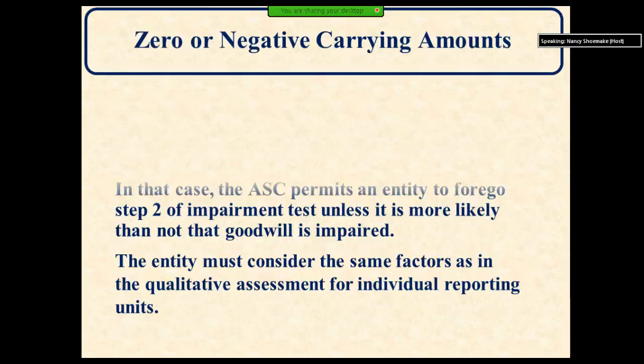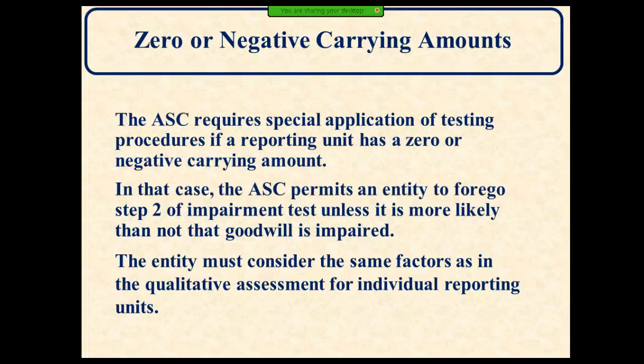So what happens when we go below zero or below our carrying amounts? Basically there's a method that we use if the reporting unit has a 0 or negative carrying amount. Then you don't even have to deal with step 2 of the impairment test.